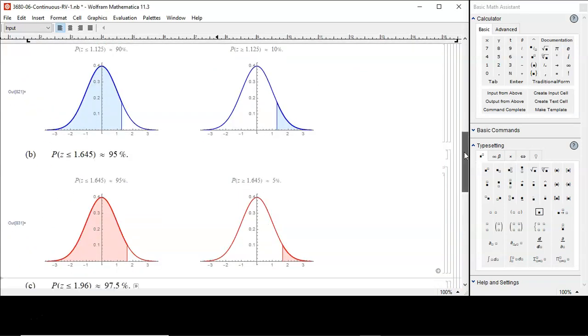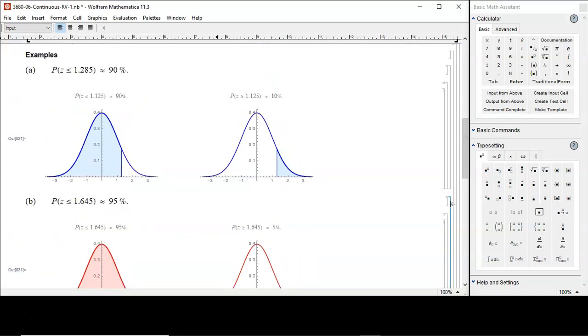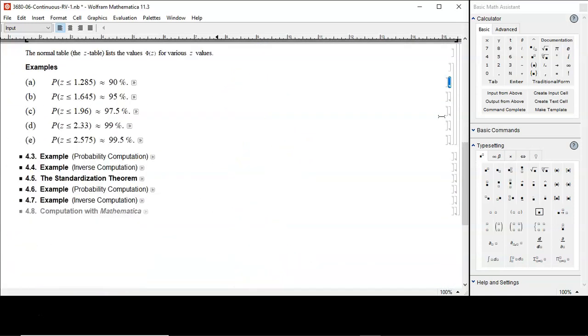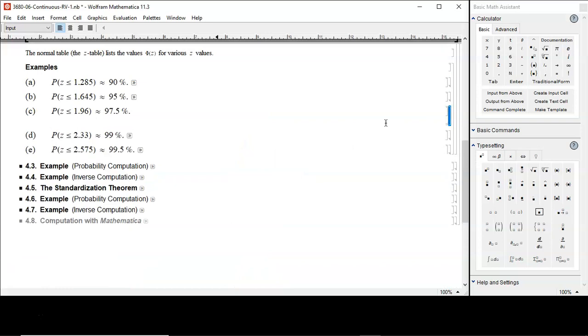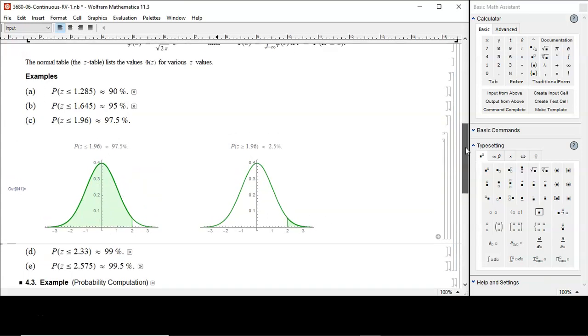Here 1.645, to the left 95%, to the right therefore 5%. How about the next one? 1.96, to the left 97.5%, to the right about 2.5%. Let's check that.